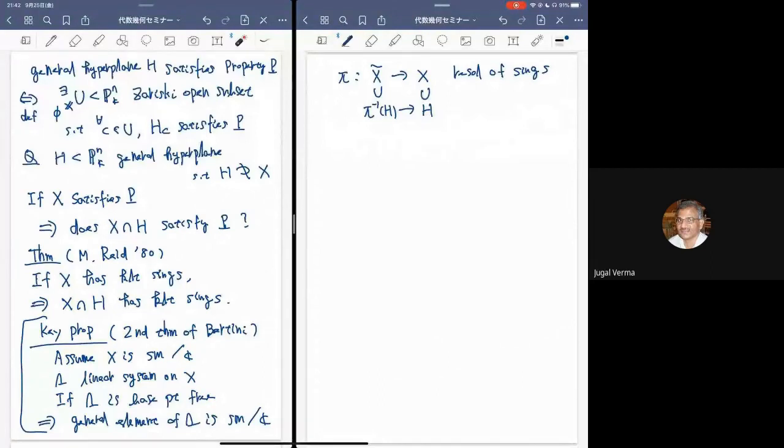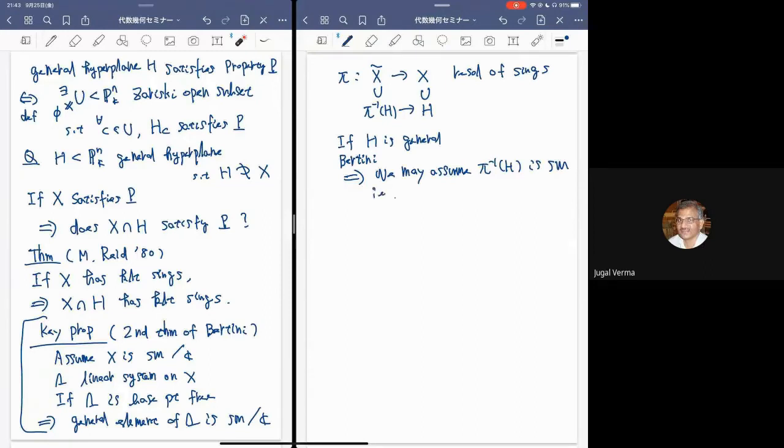Then, if H is general, by Bertini, we may assume the preimage of H is smooth.